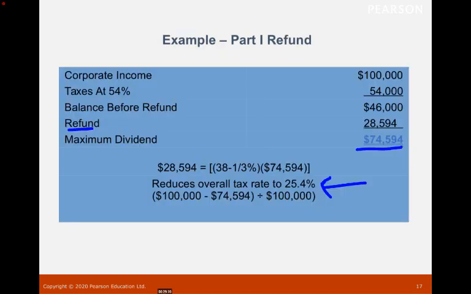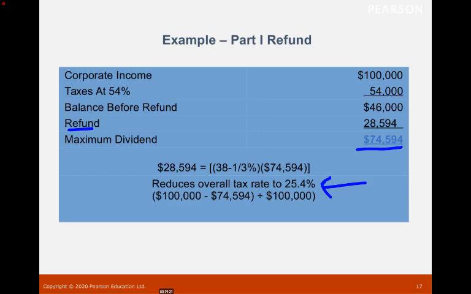So this is a tax we're going to pay, and if we pay out dividends, it'll offset, and we can potentially get a refund. Now, you could get that refund the following year. There's nothing to stop you from paying dividends the next year and getting the refund the next year.